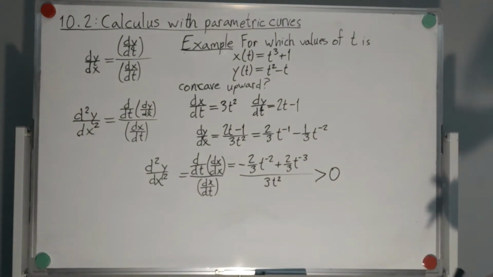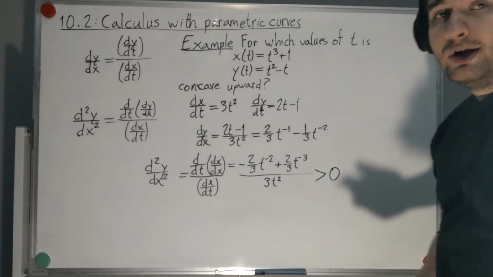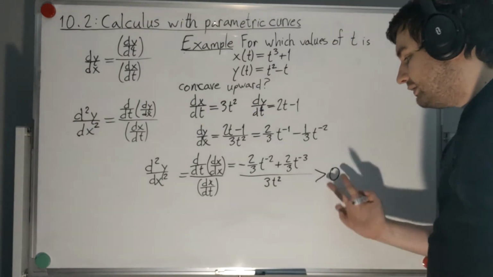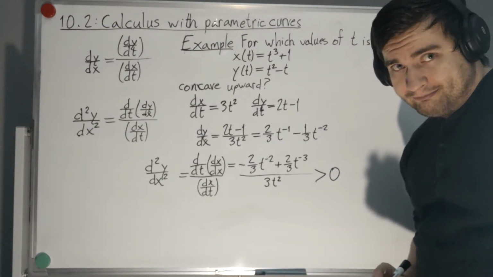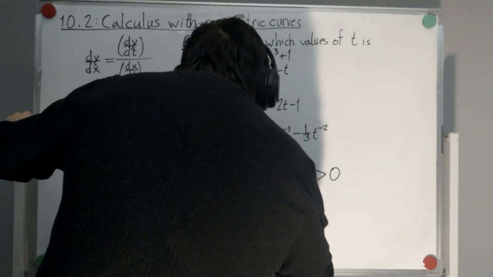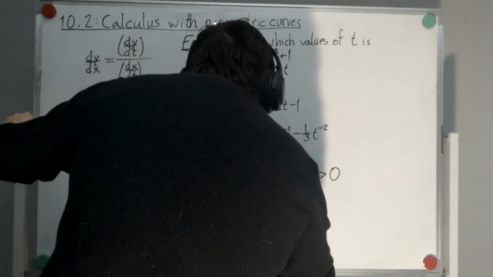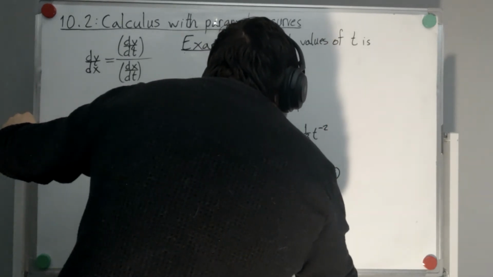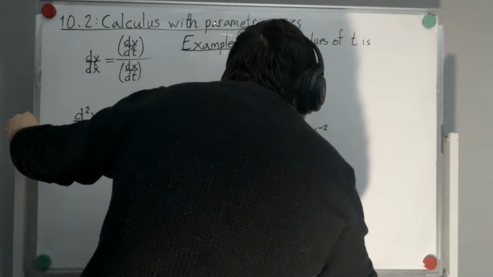Now, as it is, 3t squared is always positive. So that means that if you multiply both sides by it, you don't have to switch the sign of the inequality. So this can be rewritten as negative 2/3 t to the negative 2 plus 2/3 t to the negative 3 is greater than 0.